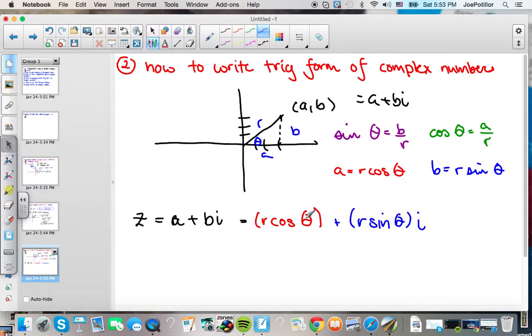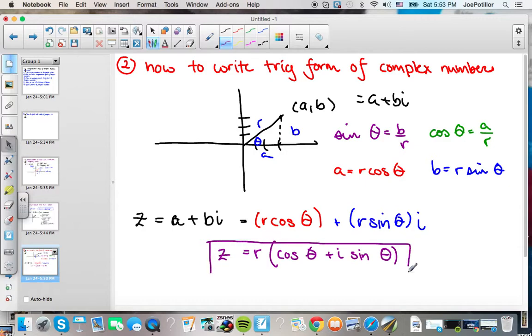The r, because it's in common, factors out. So we end up with r times cosine theta plus i sine of theta, and this is z. And this is the trigonometric form of a complex number. I'm going to write this on the next page.